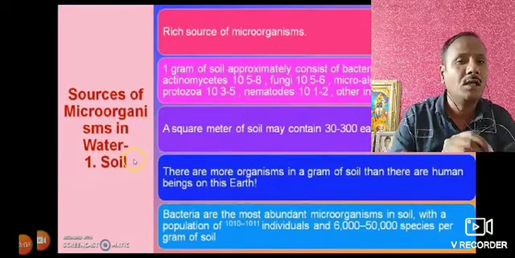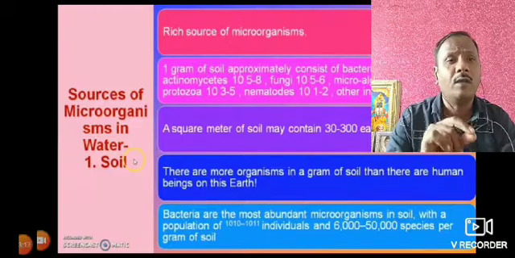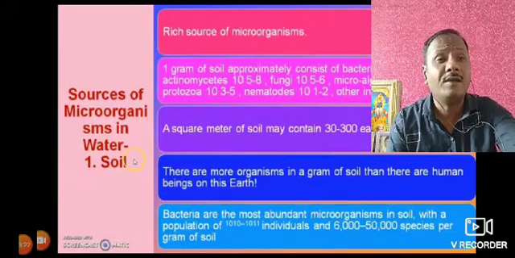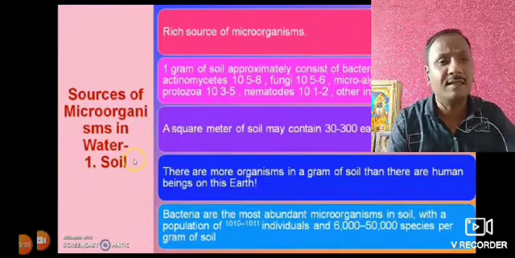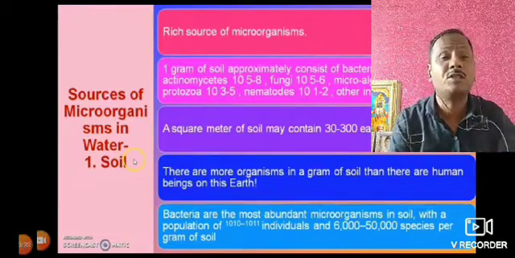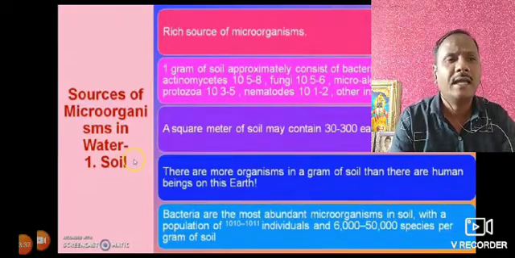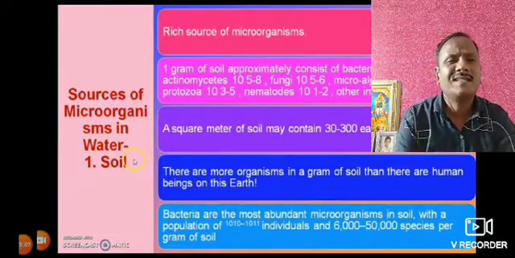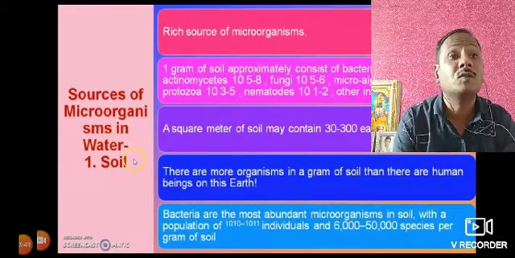Bacteria are the most important microorganisms in soil, with a population of 10 to the power of 10 to 10 to the power of 11 individually. It means more than billions of microorganisms are present in the soil. Apart from the microorganisms, 6,000 to 50,000 other species are present per gram of soil.